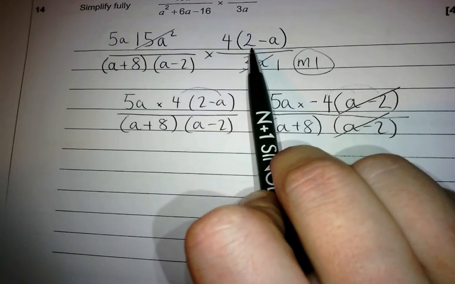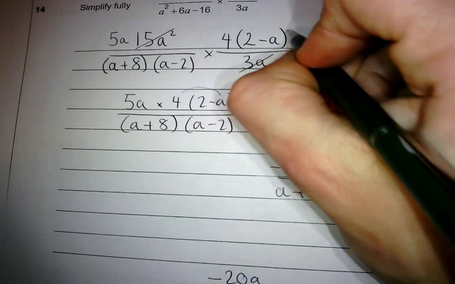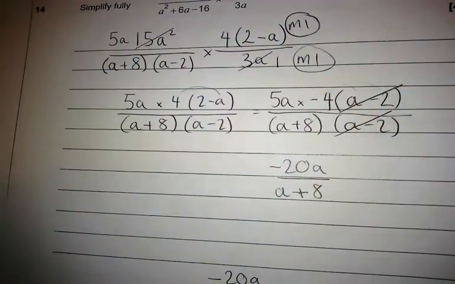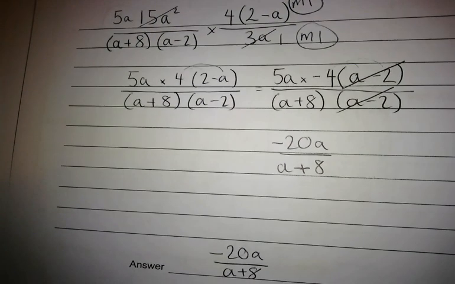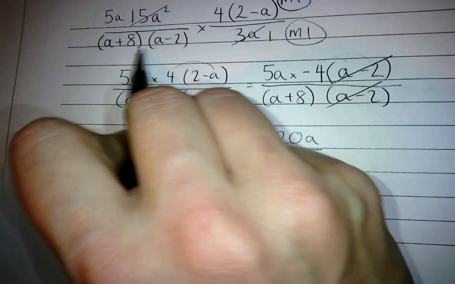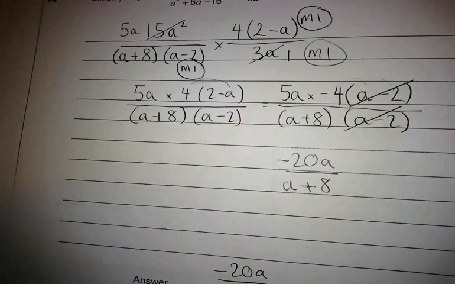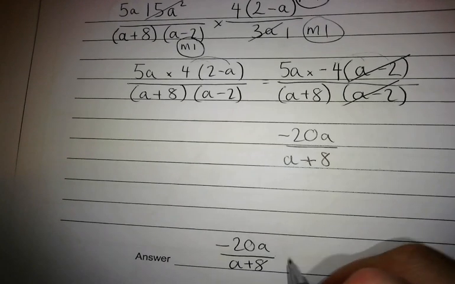So this 4 lots of 2 minus a is enough for 1 mark. You get 1 mark for factorising your denominator, so if you get a plus 8, a minus 2, that's another mark. And then your fourth and final mark is for getting this as your final answer.